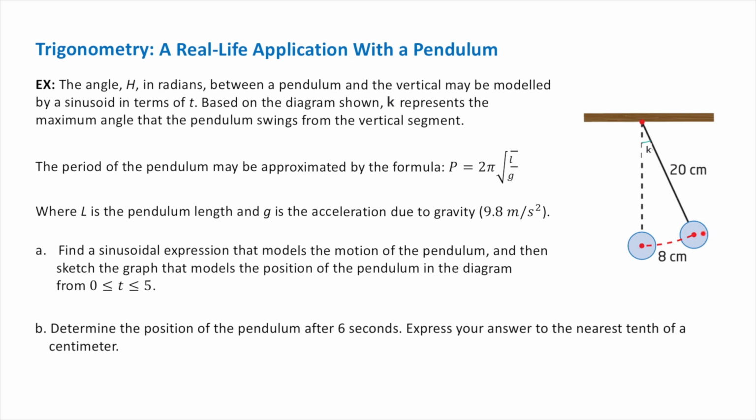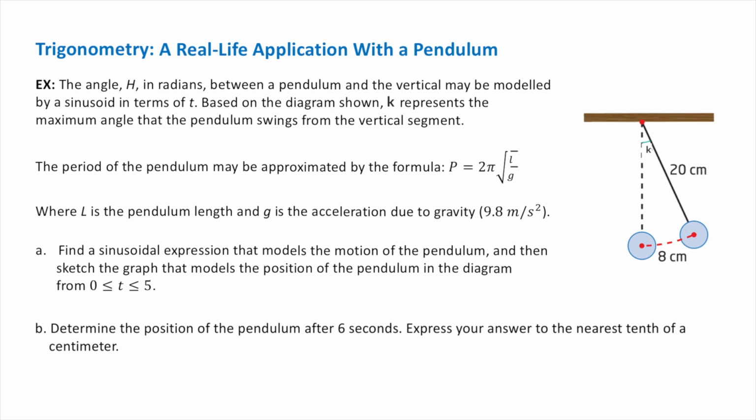As it swings like that, this angle is changing. It's going to a maximum, but then it changes. It goes to the maximum in the other direction. And I think that this is exactly what the problem is saying, that H is measuring exactly how that angle is changing as the pendulum swings back and forth.